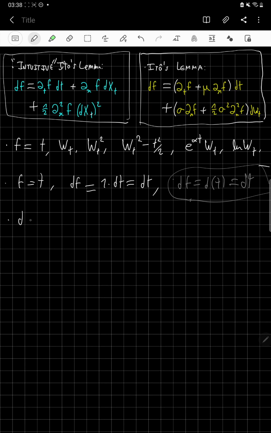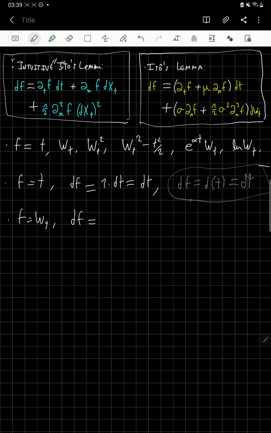Second, df equals Wt. Then df, oh, we don't need to put it aside. It's Wt. Let's work it out through Ito's lemma. If we look here, this term is 0.